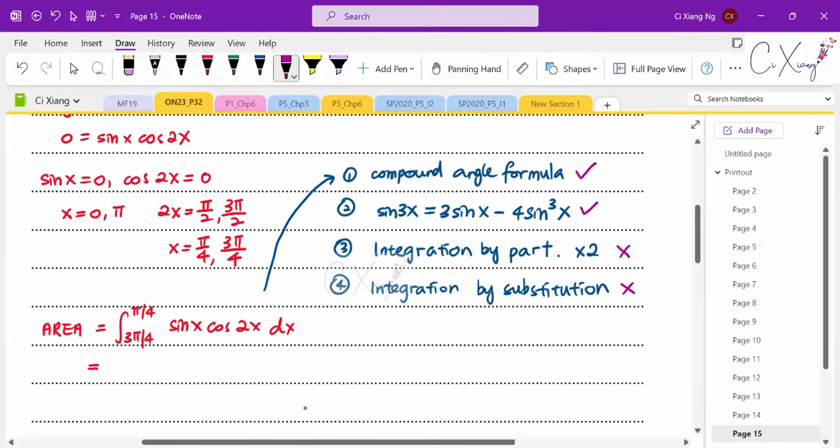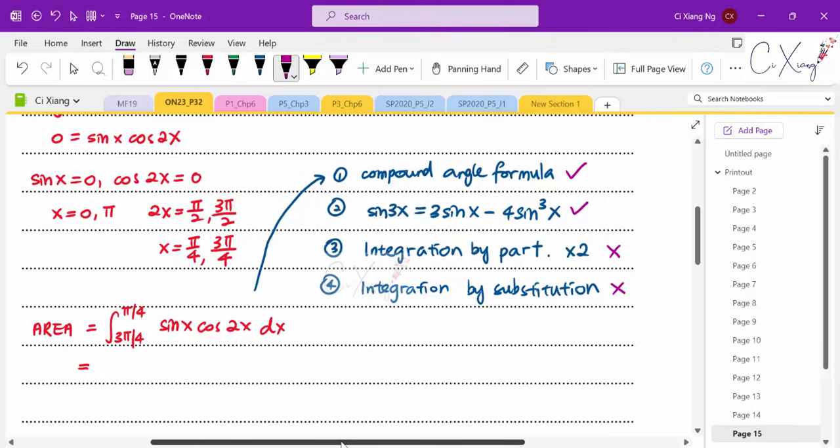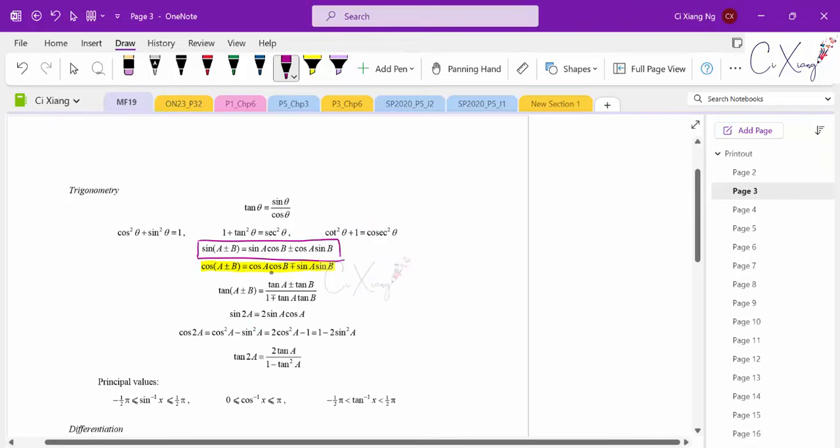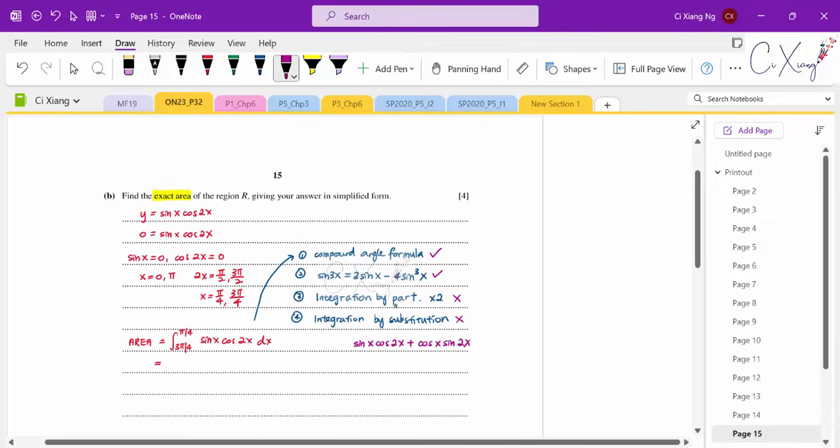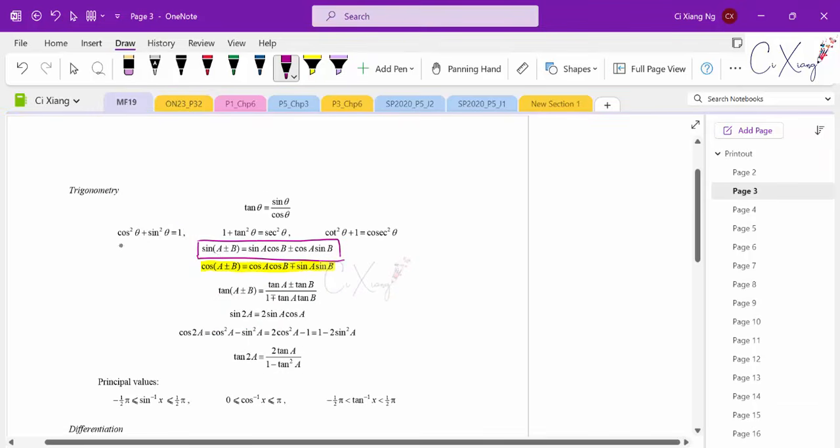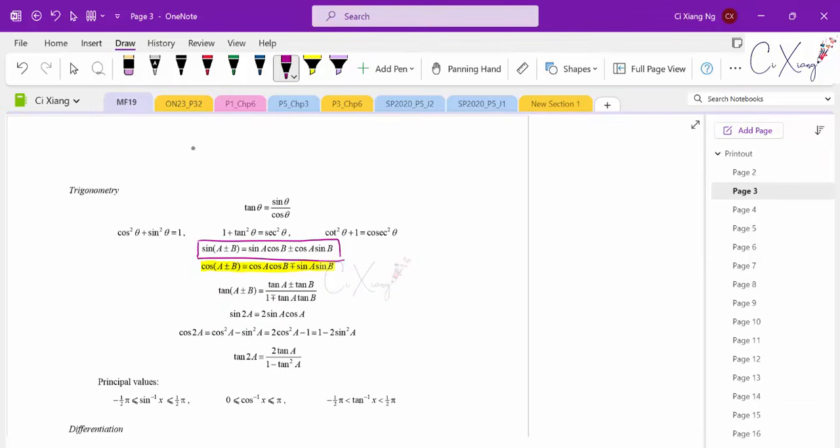Okay, so I will write the formula beside. Because I'm having sine x cos 2x, that means sine A cos B. I will also have cos A sine B. Because the original compound angle formula is actually sine A cos B plus cos A sine B. So when you're having sine A cos B plus cos A sine B, the term on the left hand side will be sine (A plus B).